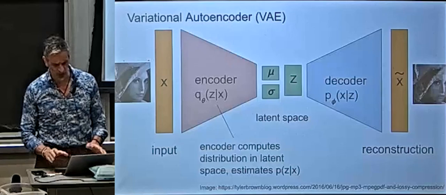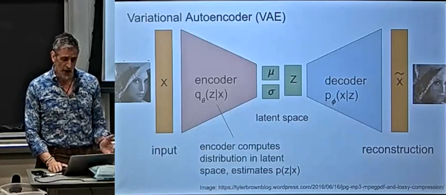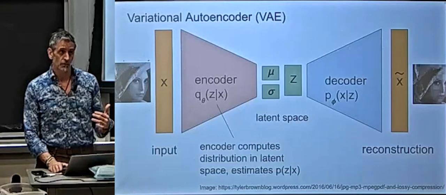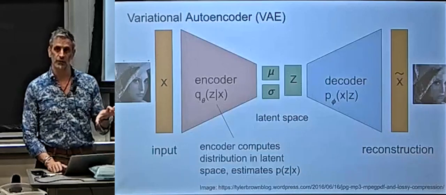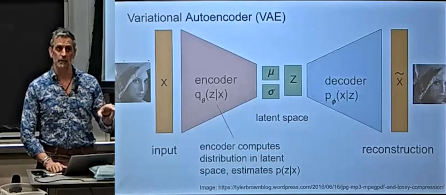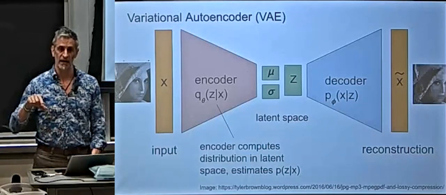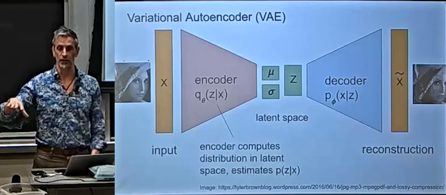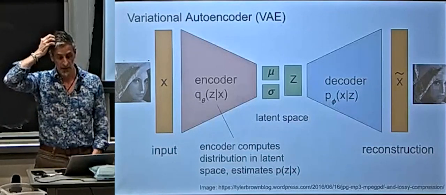Okay, so I want to introduce some terminology. My encoder is basically producing an estimate of, given a certain starting image, what is the probability of that image lying in a certain area of my latent space, okay?